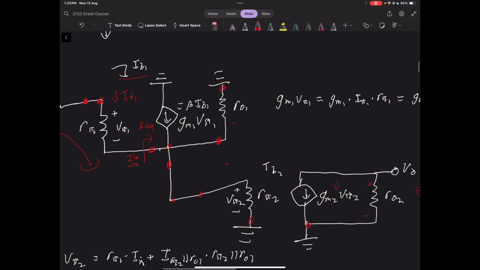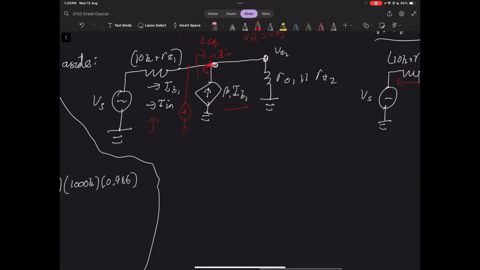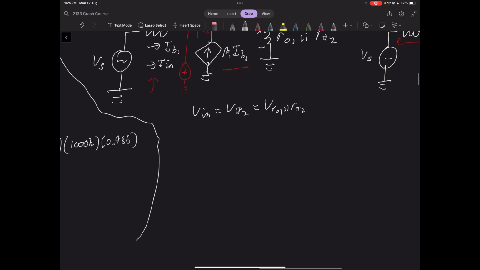So it should be pretty clear that I in equals IB1. And then essentially, to find the equivalent resistance, I'm going to say that V in is the voltage drop across, it's V pi 2, it's the voltage drop across this resistor here, whatever we get here.